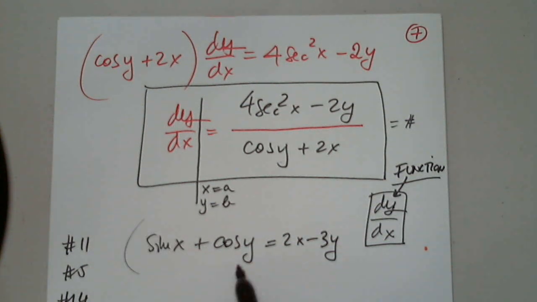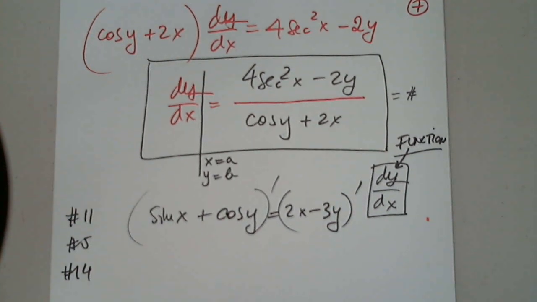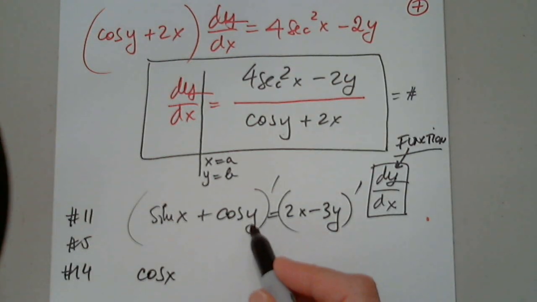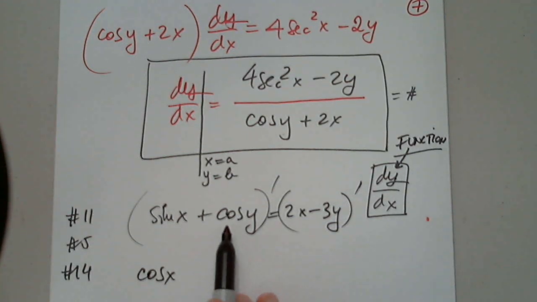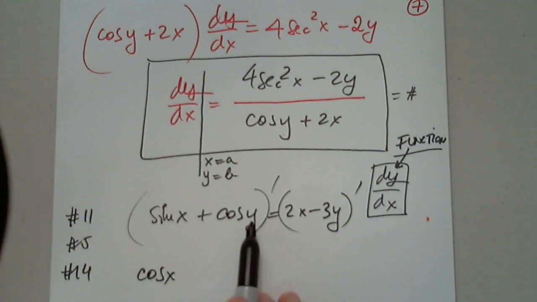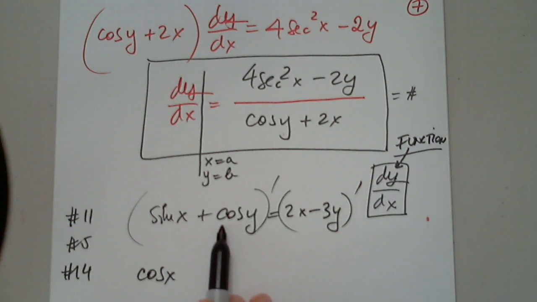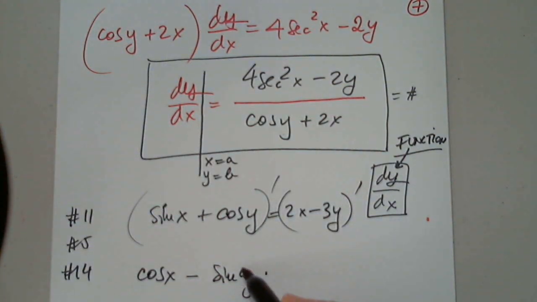Okay, so of course we will apply this operator to both sides. Sine prime is cosine. Yes. Now be careful here, because I need to differentiate the outer and I need to differentiate the inner. What is the derivative of the outer? Negative sine. Very good. Times the inner function prime.